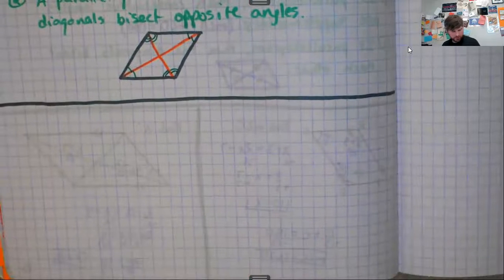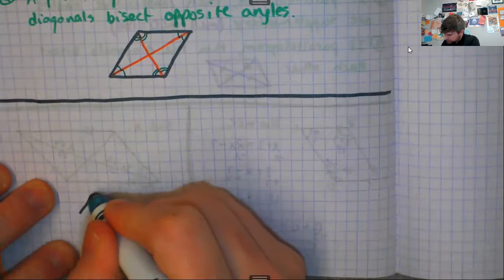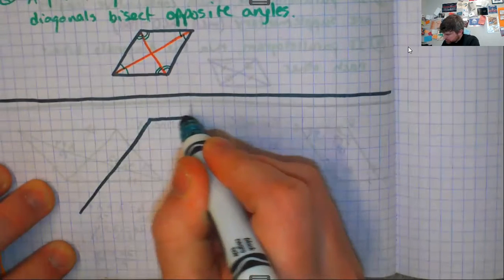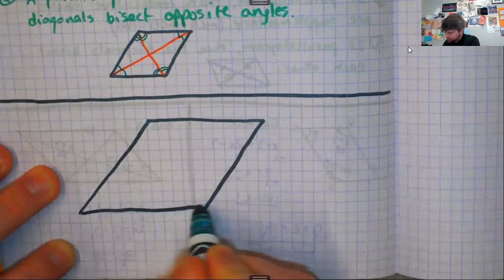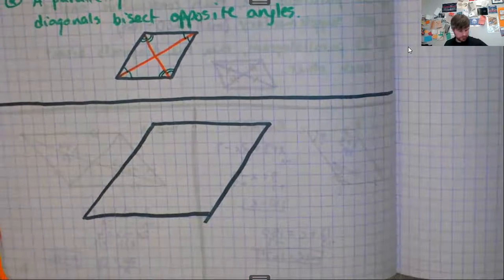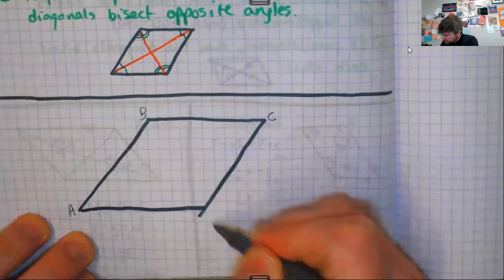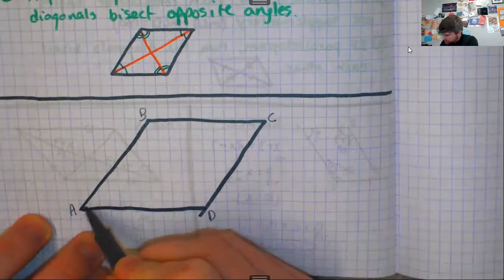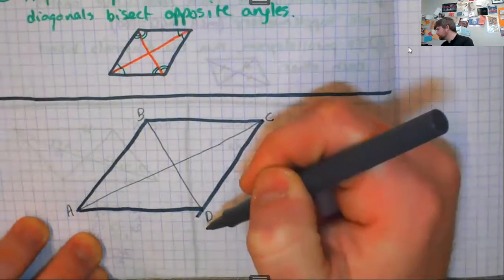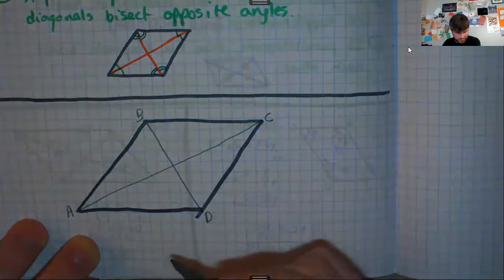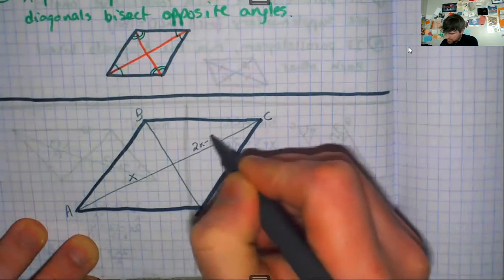All right, so the picture. We have a rhombus, and we have A, B, C, D, with 2 diagonals. We have X, 2X minus 5.